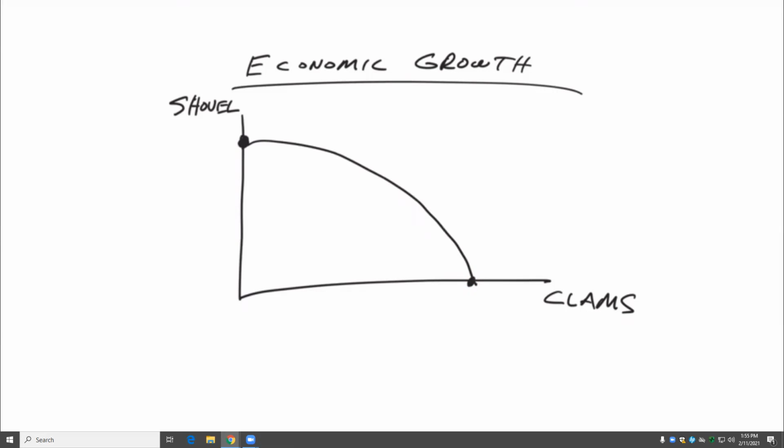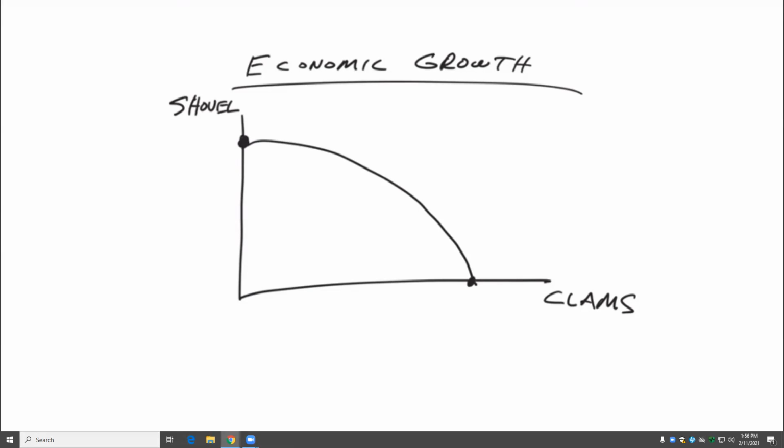Now, if you had a shovel, you could dig those clams up in half the time. And then you'd have the rest of the day to do other stuff. Okay, maybe you'd have time to go pick some bananas or whatever, okay?